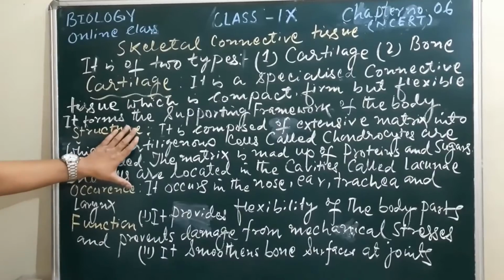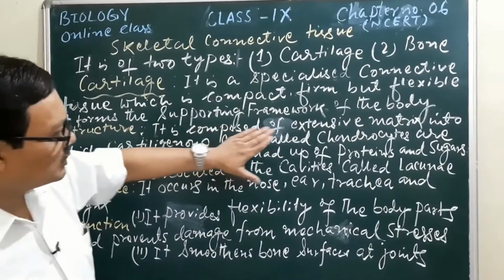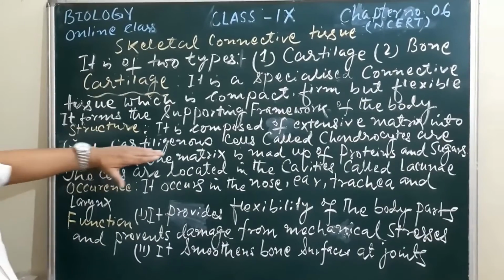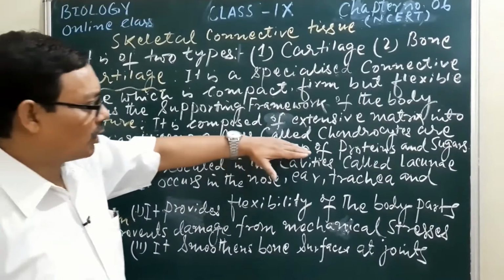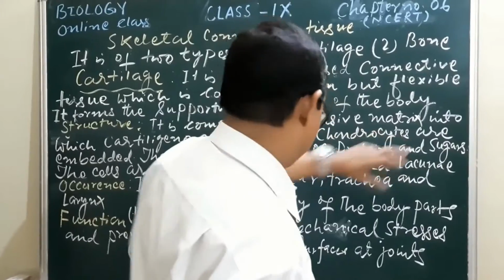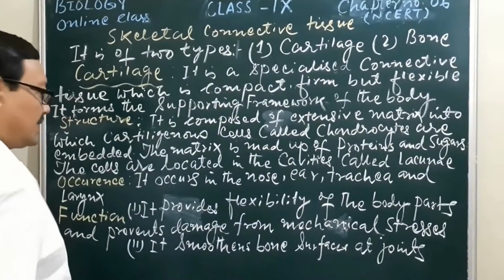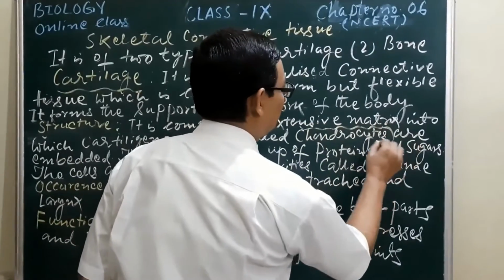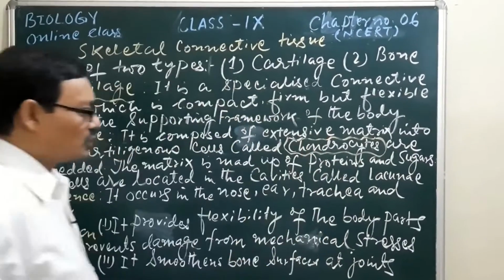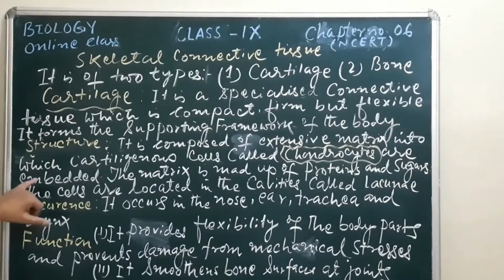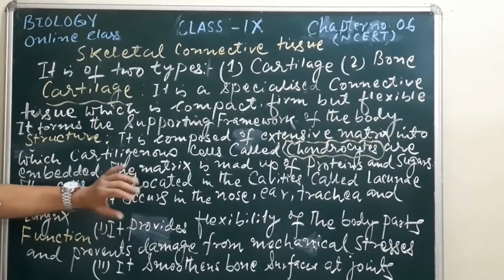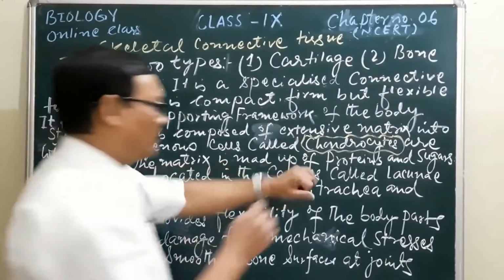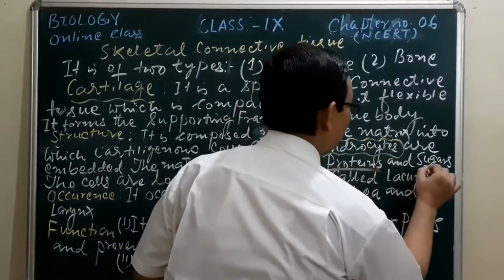Its structure is composed of extensive matrix into which cartilaginous cells called chondrocytes are embedded. This is the name of the cell which composes this tissue. The matrix is made up of proteins and sugars.